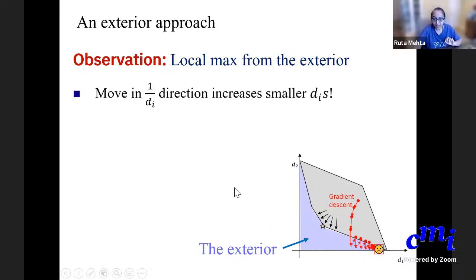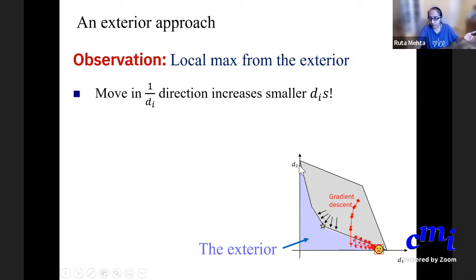Now if you try to maximize from this exterior region, then you will move in the direction of 1 over di, and now the minimum coordinate increases the most. This is exactly what we want, to move away from the 0 boundary.